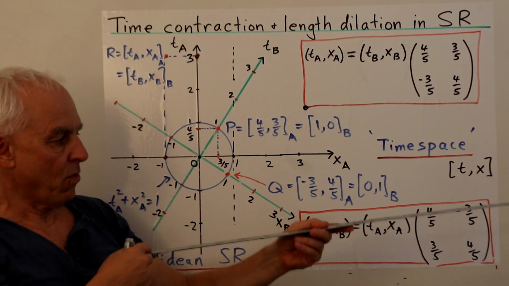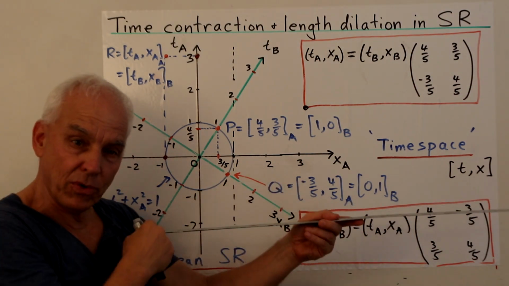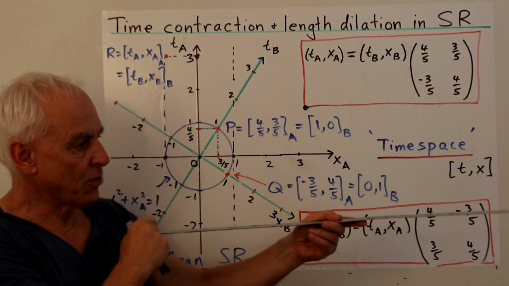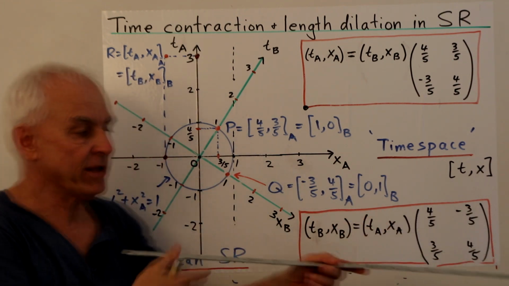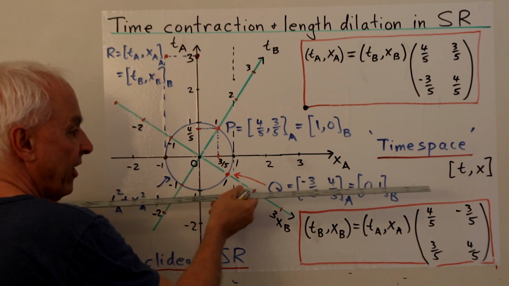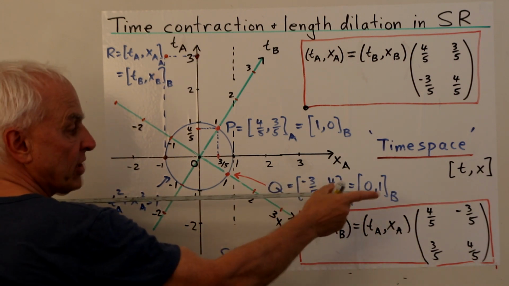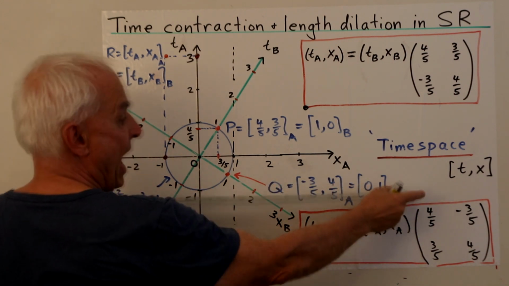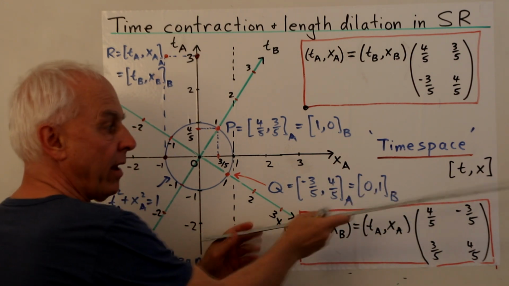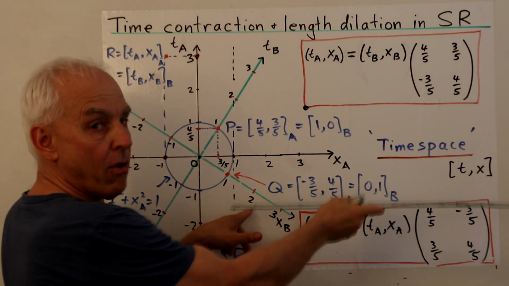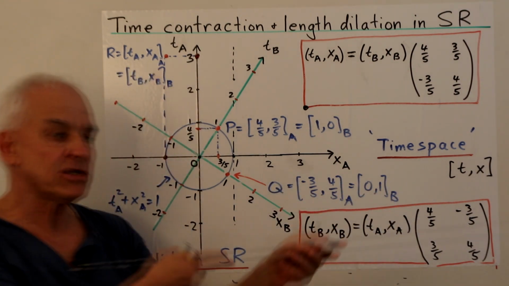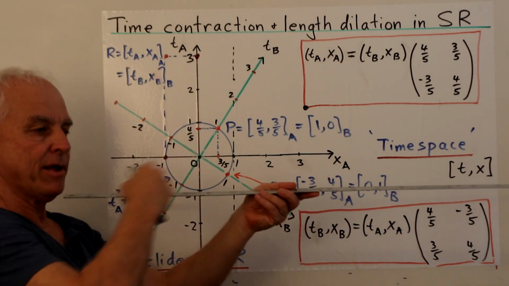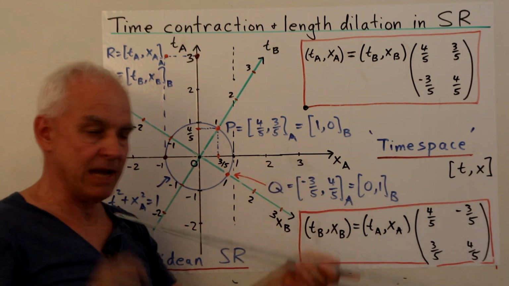But what he wants to do is measure the endpoints at the same time. It doesn't make sense for him to measure this position now, and then wait a little while and measure this position at some later time, because then he's going to get a distorted view. He wants to make the position measurements of the ends at the same time.